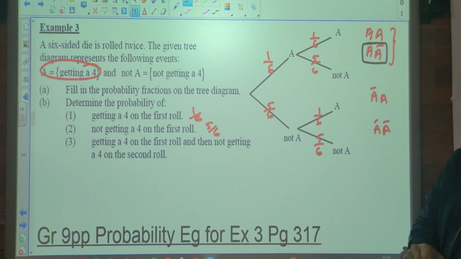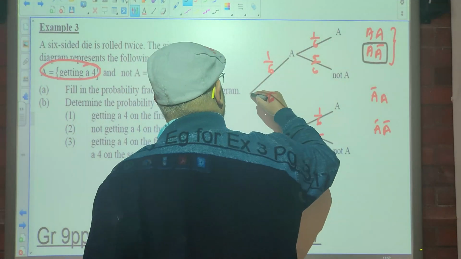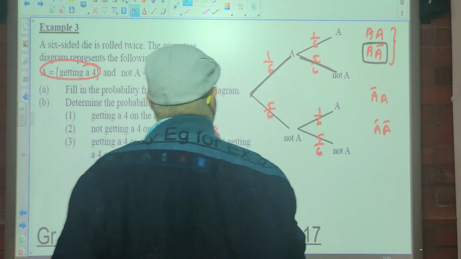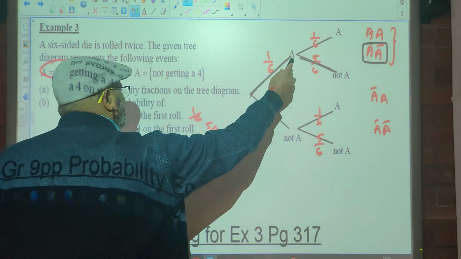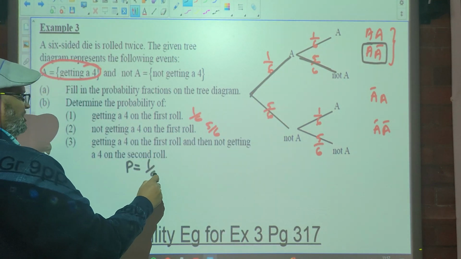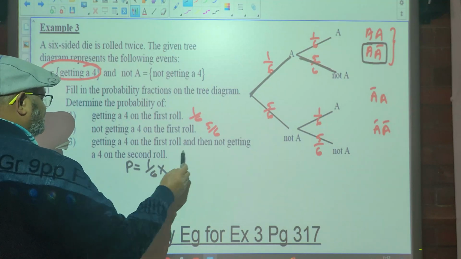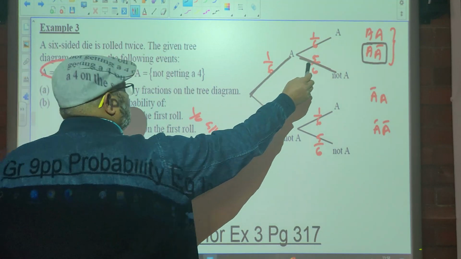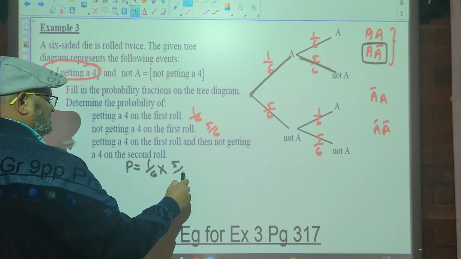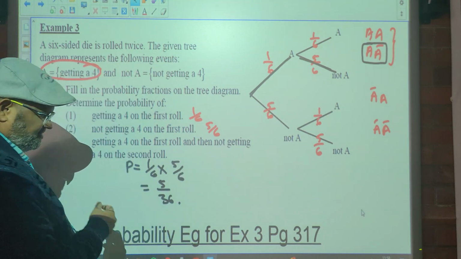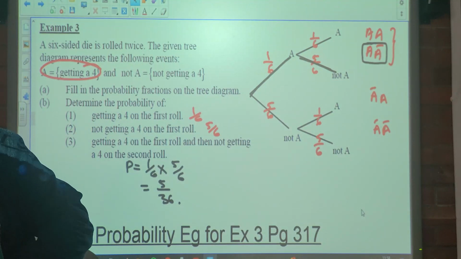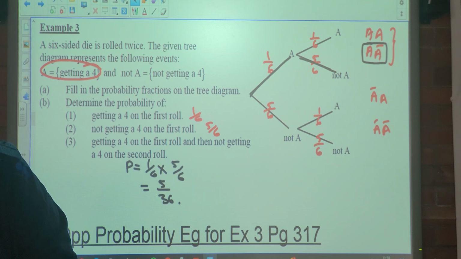If I follow this branch here, it's going to be a 4 and not a 4. So what's the probability of the 4 in the first row? 1 out of 6. And not getting a 4 on the second row. It's going to be 5 over 6. Give you an answer of 5 over 36. See any confusion, people?